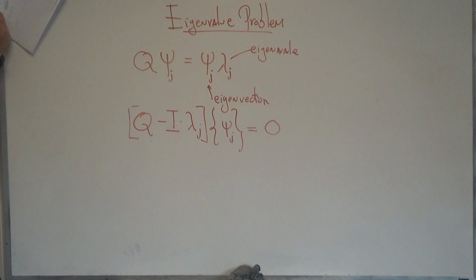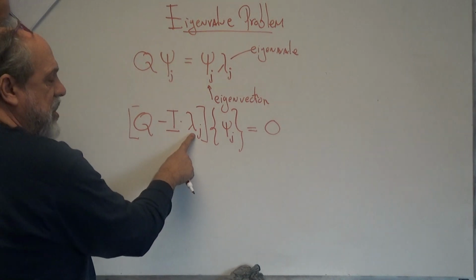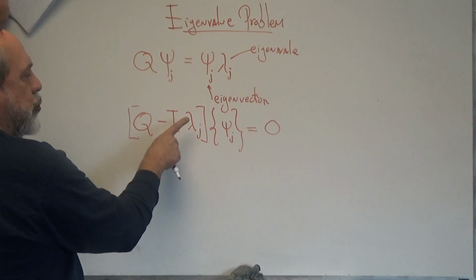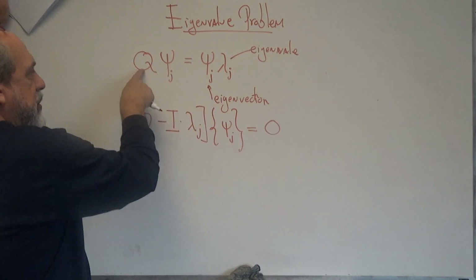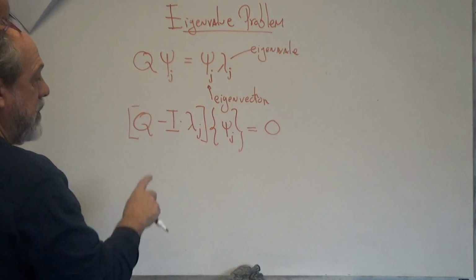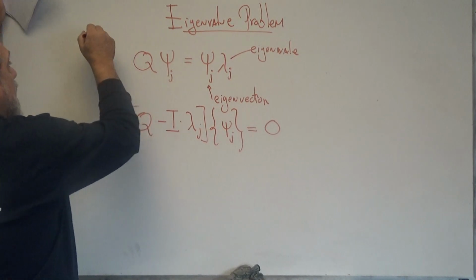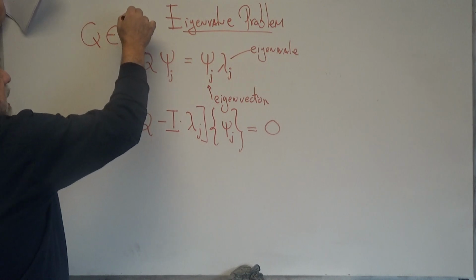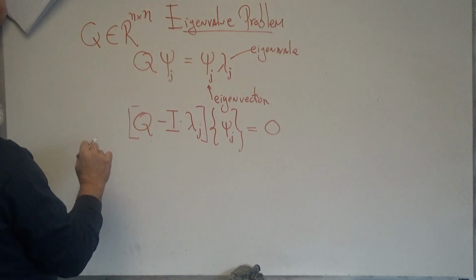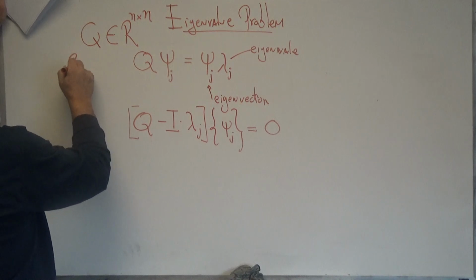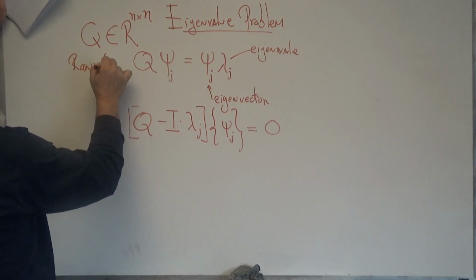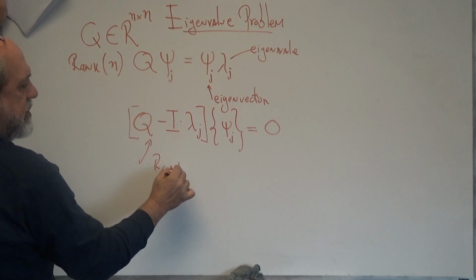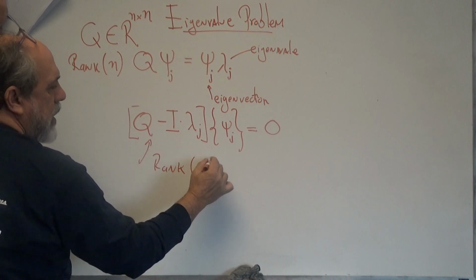And if you also want to think about it, you can say the eigenvalue lambda j is the number which is needed to reduce the rank of the matrix Q by 1. Because if Q was a real n by n matrix whose rank was n, full rank, then the rank of this is n minus 1, right?